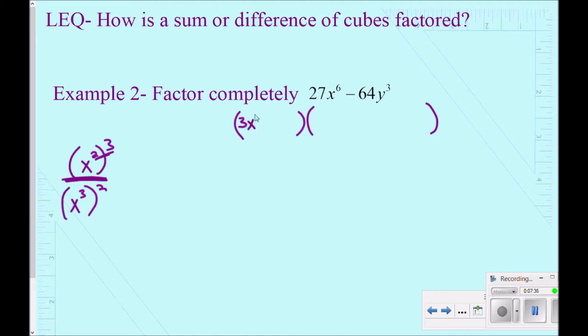So 3x squared is what's being cubed to give me 27x to the 6th. It's a difference, so minus. The cube root of 64y cubed is 4y. I'm going to go ahead and square the quantity 3x squared. That gives me 9x to the 4th.